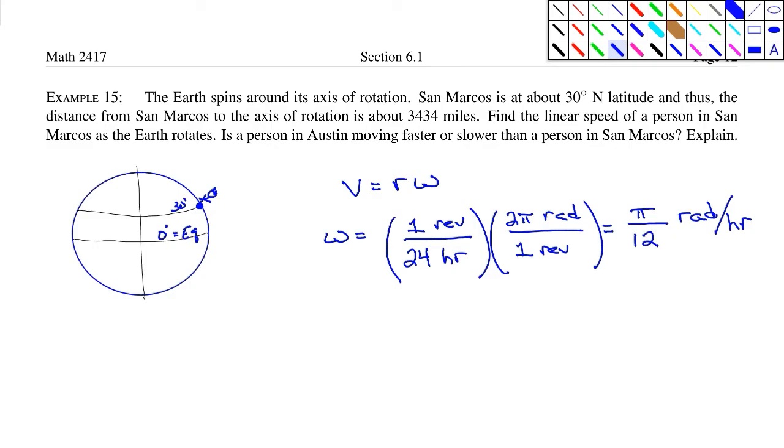All right. Now, the radius here, now this might have been a little bit confusing. We know that the radius of the Earth is 3,960 miles, but the radius that we're actually looking at is this radius right here, from the axis of rotation straight over to San Marcos.